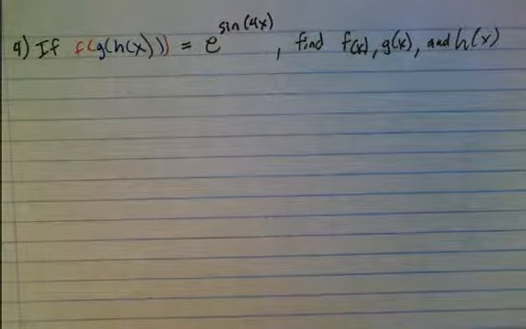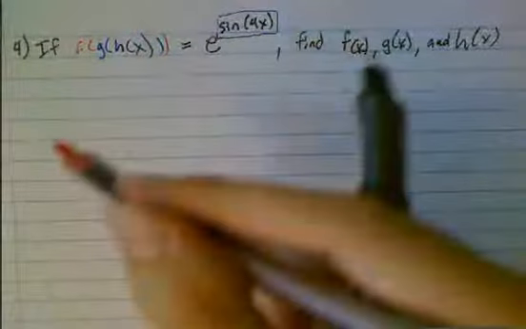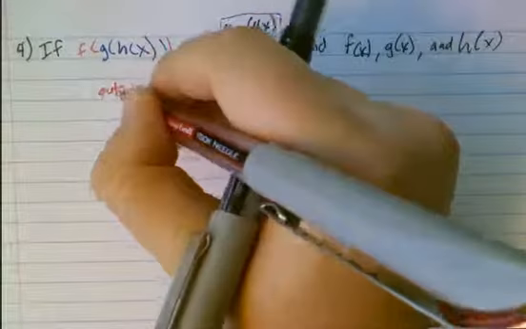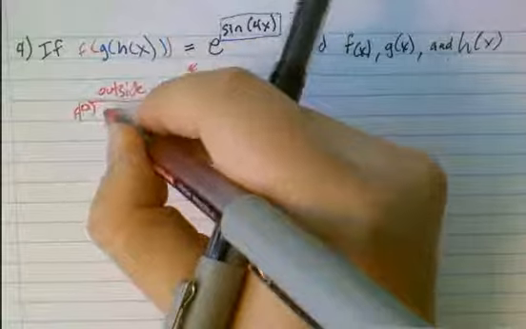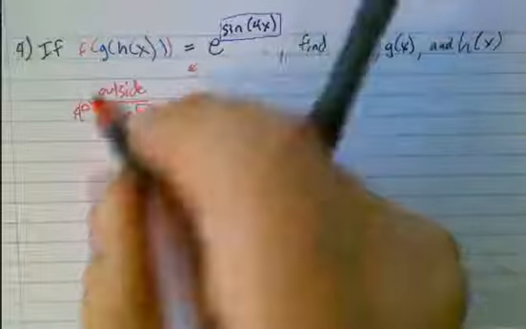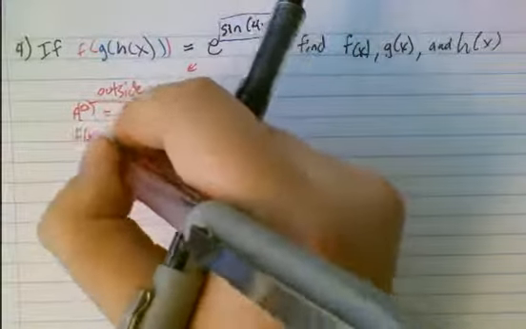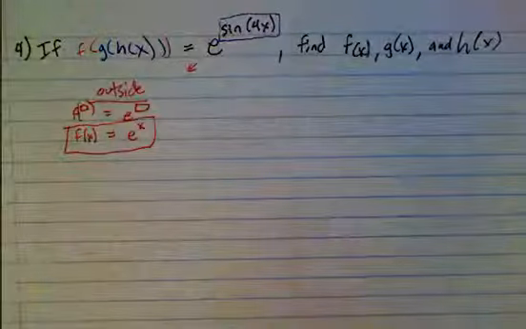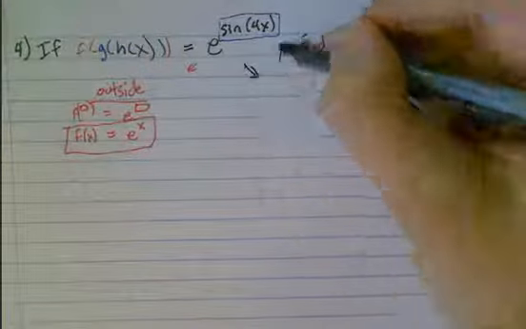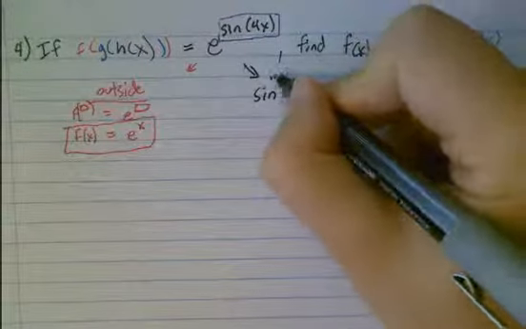Okay, so working from the outside, we want to make the biggest box possible. We know an exponential function is a box function, so we've got one box right here. This is e to the box, so that means that f of x is e to the x. Now, inside we've got a sine of 4x.